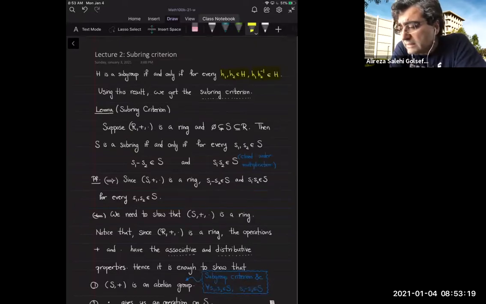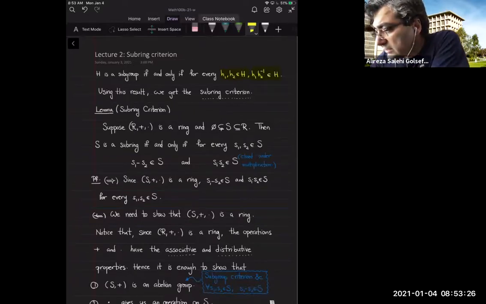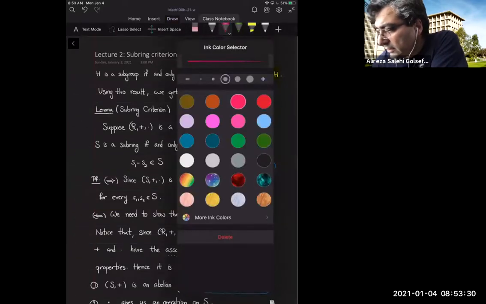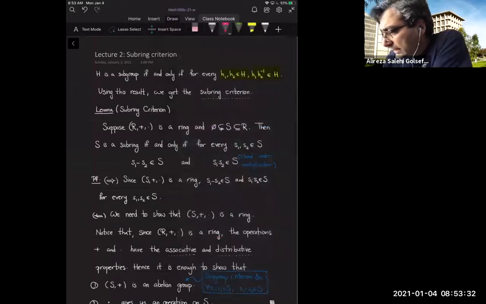And let's recall that in the additive notation, if G is an abelian group, instead of this, we have to write h1 minus h2 in the additive setting.